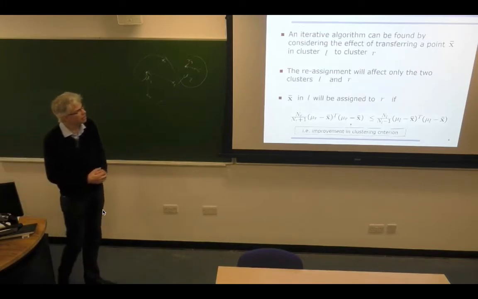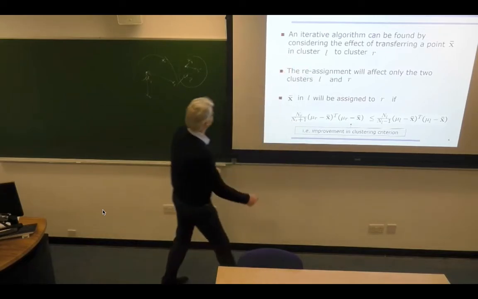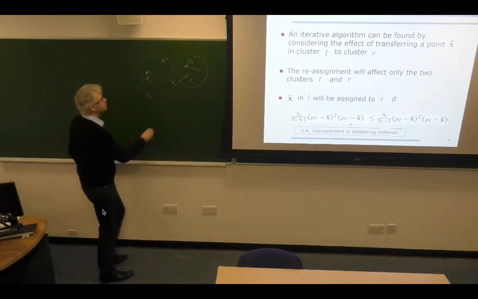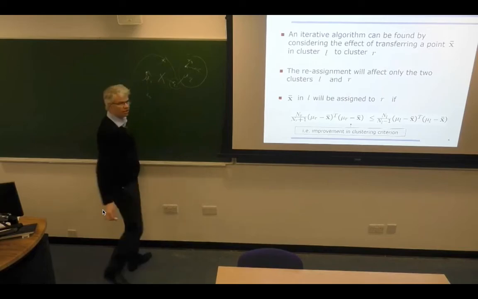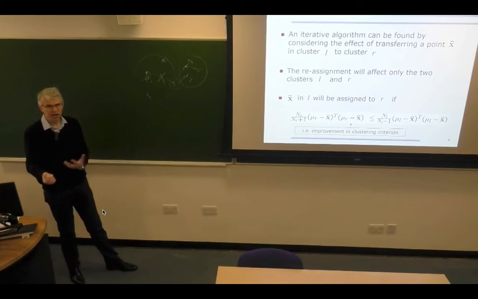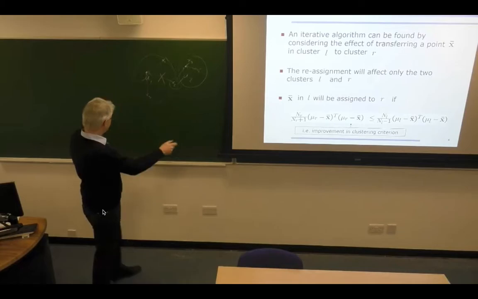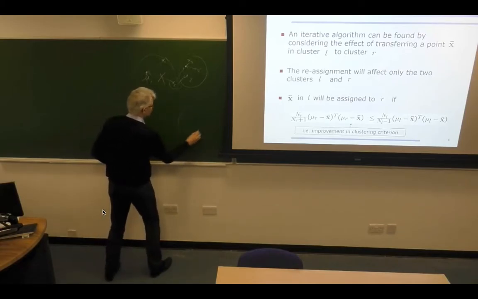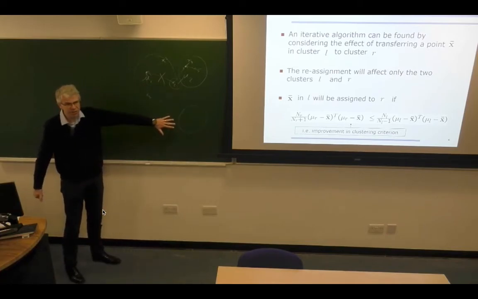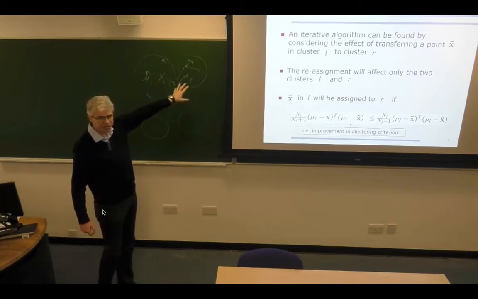And this iterative algorithm says, suppose that we transfer a point. Let's say we're going to transfer x2. And instead of assigning it to that class, we now assign it to that class. What change is going to happen? So if we've got lots of classes, suppose we've got another class here with some more means, these won't be affected by this change. Only these two classes will be affected, these two clusters.